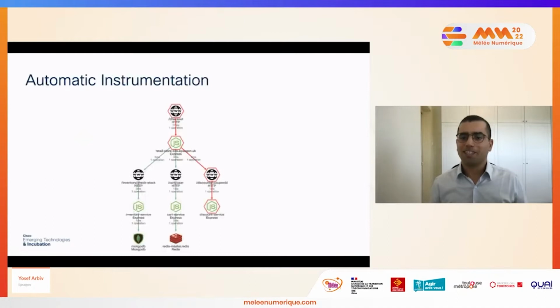So I mentioned automatic instrumentations, but I didn't really explain what it is. If we take a look again on this distributed trace, you can see that in order to create this trace, we have to go and get data from a lot of different microservices. So in this case, we have to go into each one of them, into each operation that happens between those microservices, and create a span for each operation.